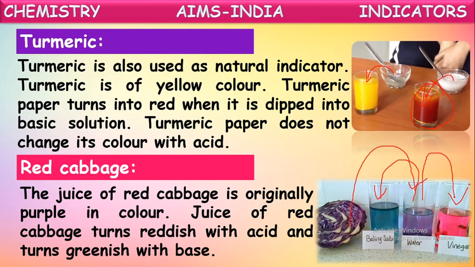Okay, these all come under natural indicators. These are all extracted from natural substances: red cabbage, turmeric, litmus, and china rose. These are extracted from natural sources.